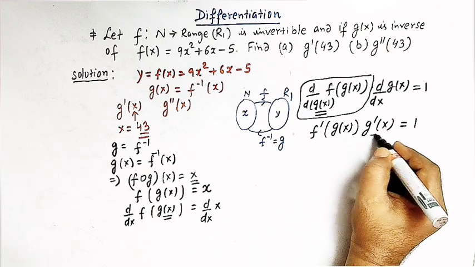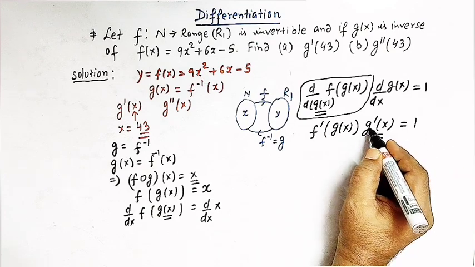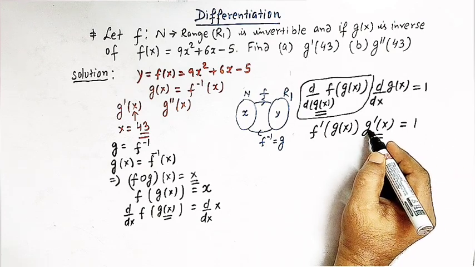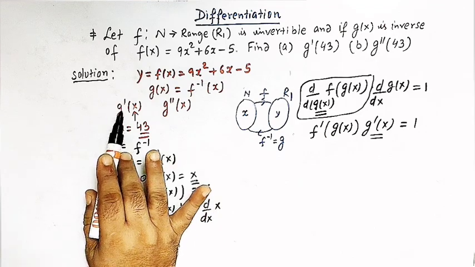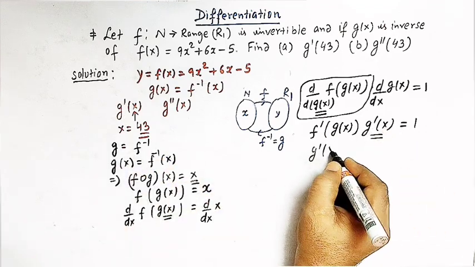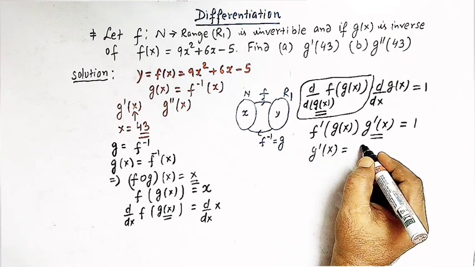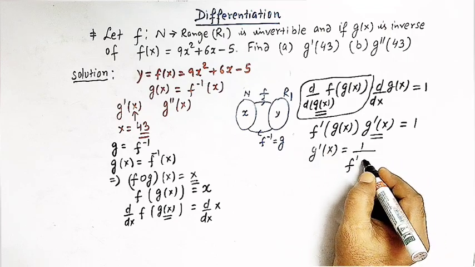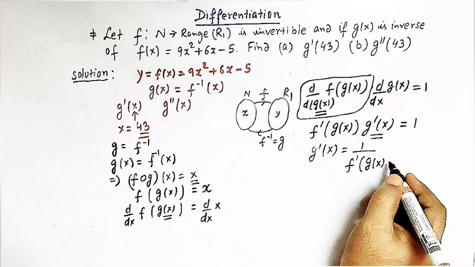So here we can see that we have the derivative of the inverse function, that is g prime of x. So g prime of x can now be written as 1 over f prime of g of x.